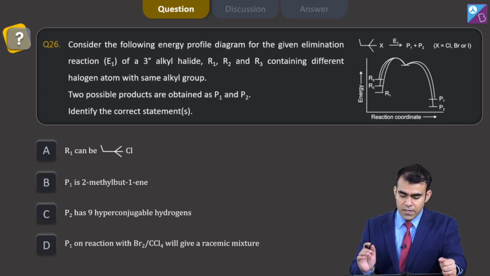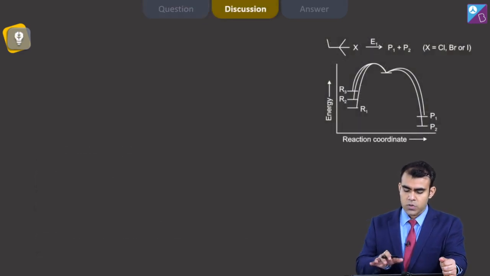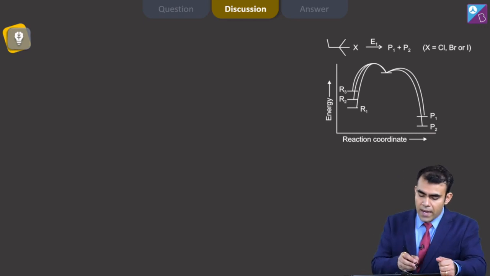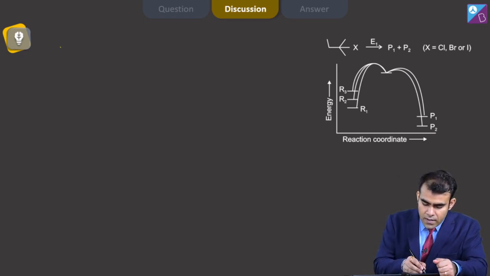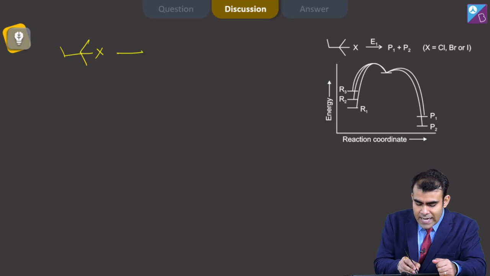Now if you see the question here, then we have something like this. So this is our graph, and this is the reaction, where we have this R group which is attached to this X. This can be chlorine, bromine or iodine, and it is undergoing E1 elimination, forming two alkenes.